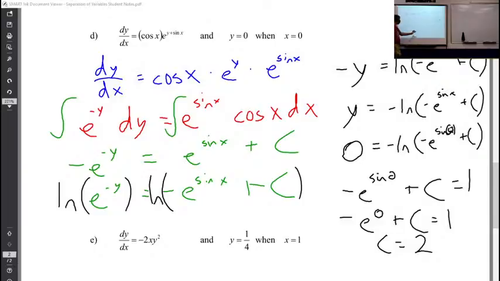So my final answer here is y equals negative natural log of negative e to the sine of x plus our c, which is 2.